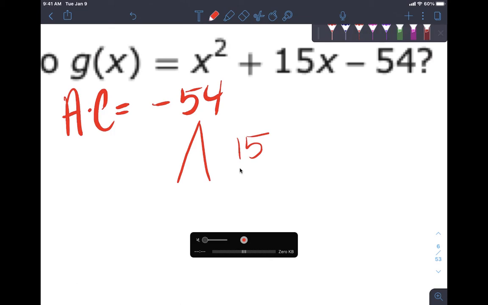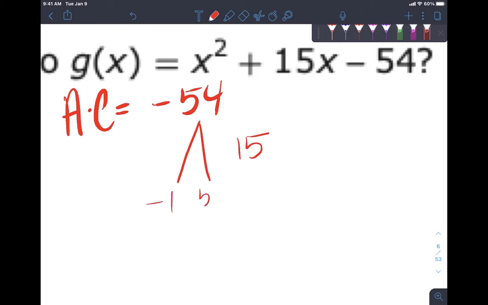So I'm going to go ahead and start by looking at all my different options. So I'll say, let's see, negative 1, positive 54, no, negative 2, 27, no, negative 3, let's see, 18, yes, those are my numbers.